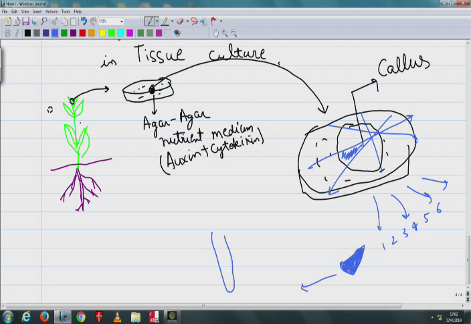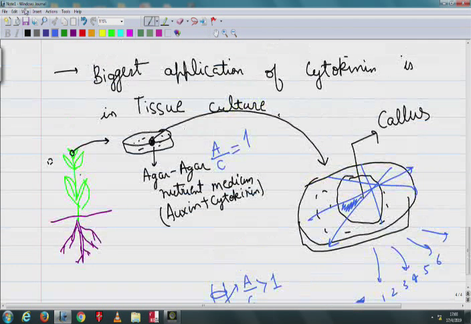Now this has a different composition. Previously in this agar medium, the auxin by cytokinin ratio was 1. Now I will increase the auxin ratio compared to cytokinin, so the auxin upon cytokinin ratio will become more than 1.